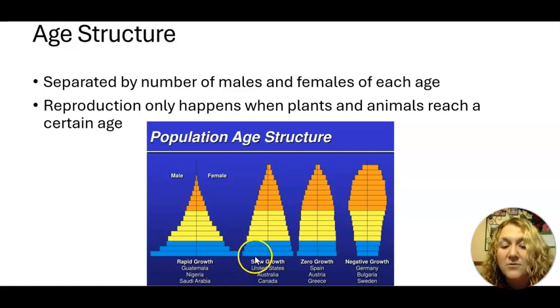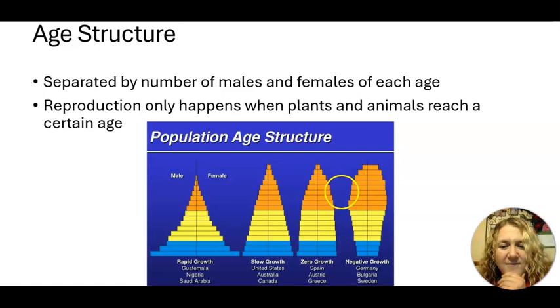We see a slow growth, so we still see this triangular pattern that we have more children here on the bottom, and as we go up we get less and less just because there's more and more chances that people are going to die as people get older. In Spain and Austria and Greece, right here, we see that there is 0 growth because it has more of a rectangular shape, if you can see that.